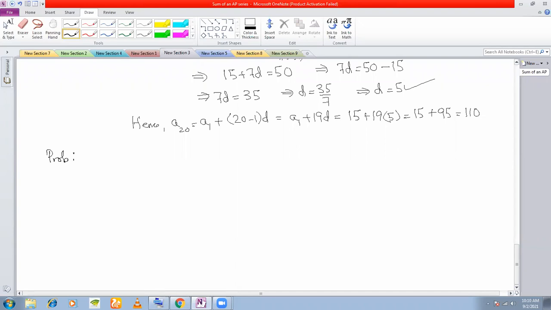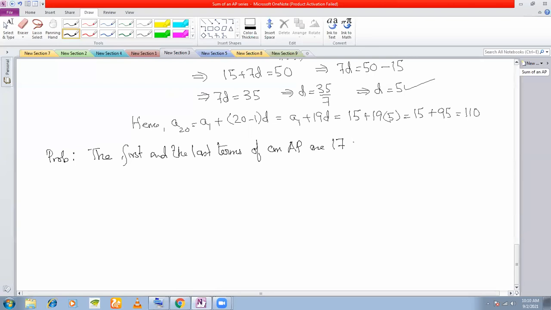The next problem here is: the first and last terms of an AP. Last term means what? Last term means the nth term.